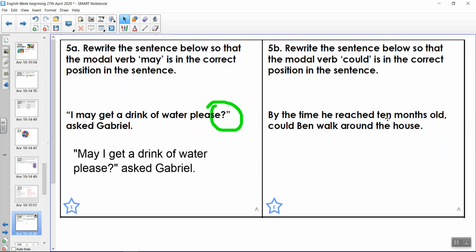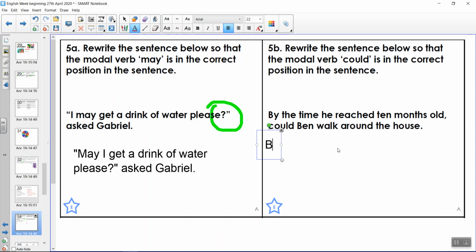By the time he reached 10 months old, could Ben walk around the house? Well, actually, at the minute, that's a question. That could is not at the beginning of the sentence because by the time he reached 10 months old is a fronted adverbial. And so I need my could after the comma. So at the minute is a question. I need to turn it into a statement.